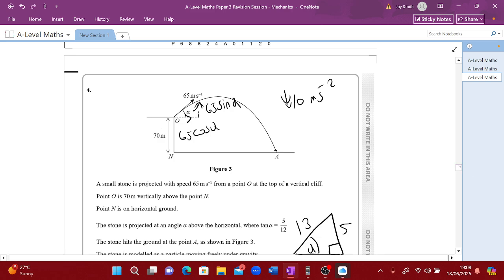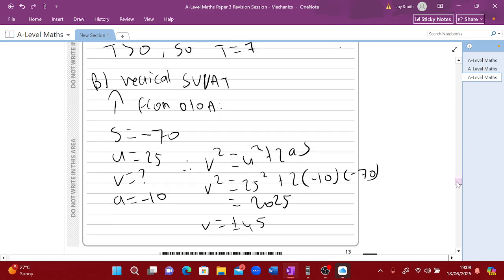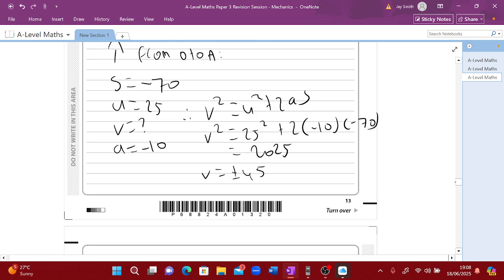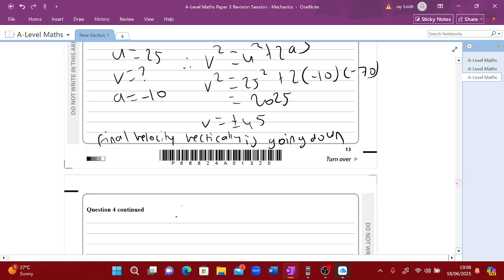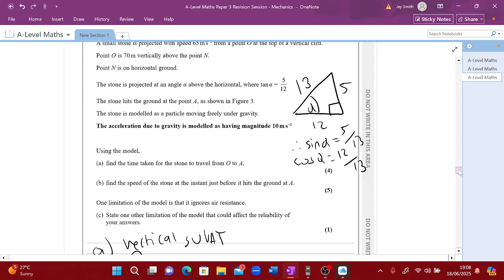So the velocity vertically, because it's going down at the end of A, like the final velocity, is going down, and we assumed upwards would be positive. So v is negative 45 meters per second. I think it's in meters per second, but that won't matter because we only care about the number. If we're going to deal with the speed, speed is modular, so it's just the magnitude of a vector.